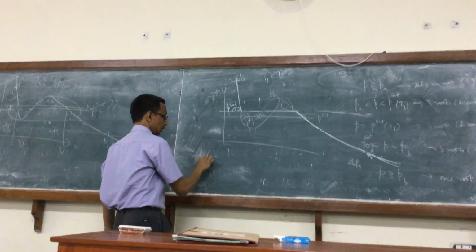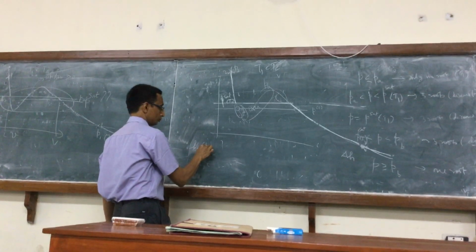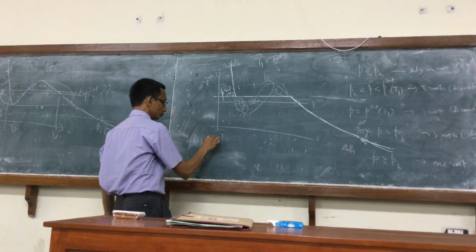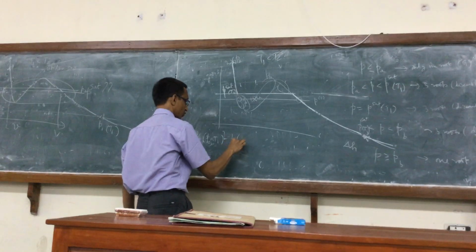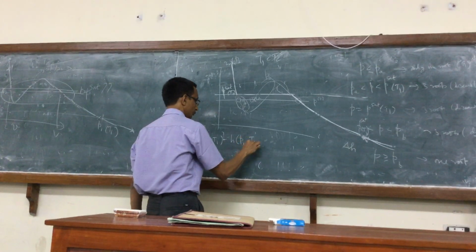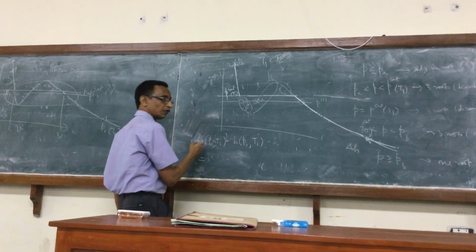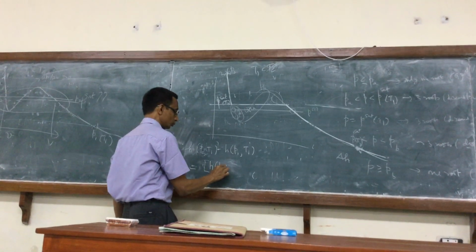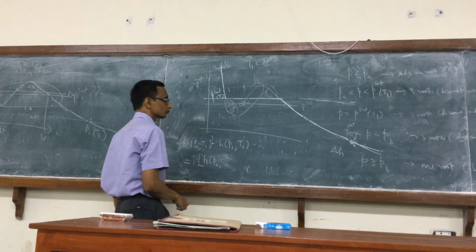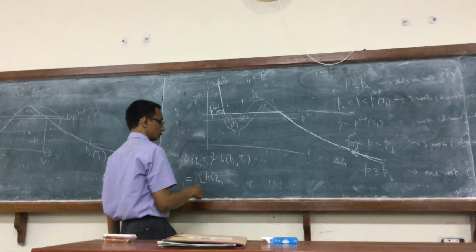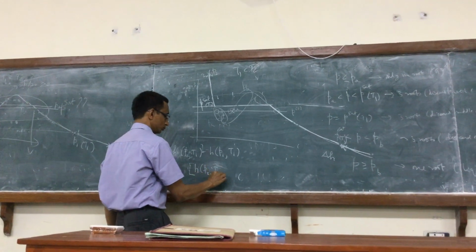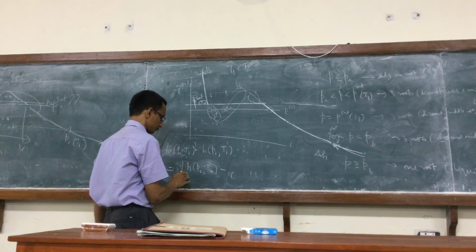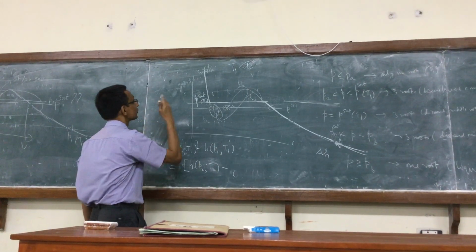So H of P2 T1 minus H of T1, T1 is first. I will put this as H of P2 T2 minus, I have to come from that side.